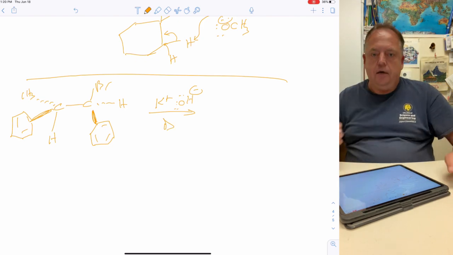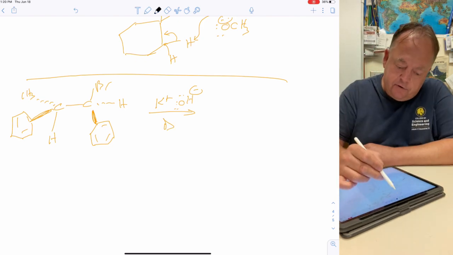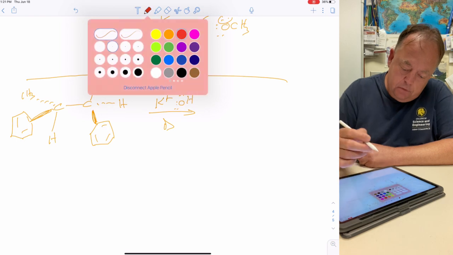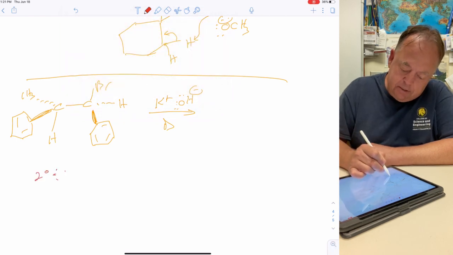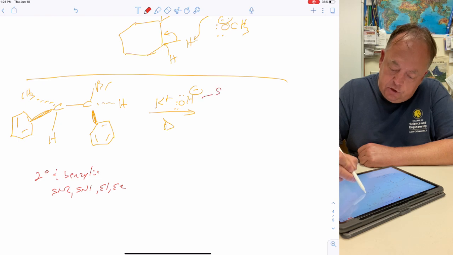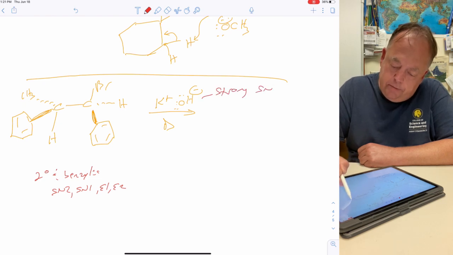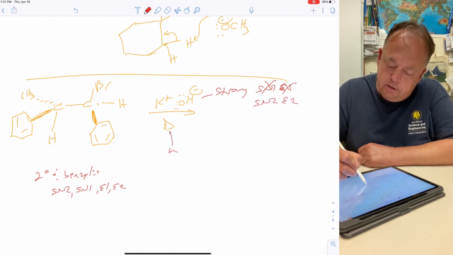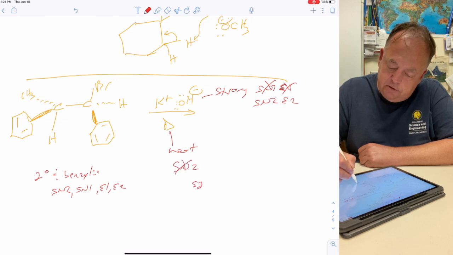Okay, we did that reaction. So let's classify the alkyl halide. This is secondary and benzylic, right? That's okay for SN2, SN1, E1, E2. This is a strong base. That eliminates SN1 and eliminates E1; SN2 and E2 are still okay. This is heat. That eliminates SN2, so the only thing left is E2.